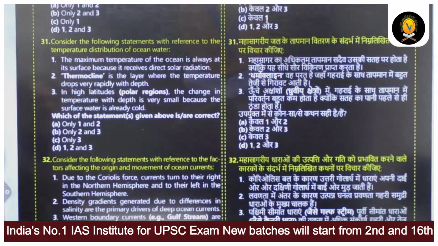Now, consider the following statements with reference to the temperature distribution of ocean water. The maximum temperature of the ocean is always at its surface because it receives direct solar radiation. Correct. Thermocline is the layer where the temperature drops very rapidly with depth. Correct.